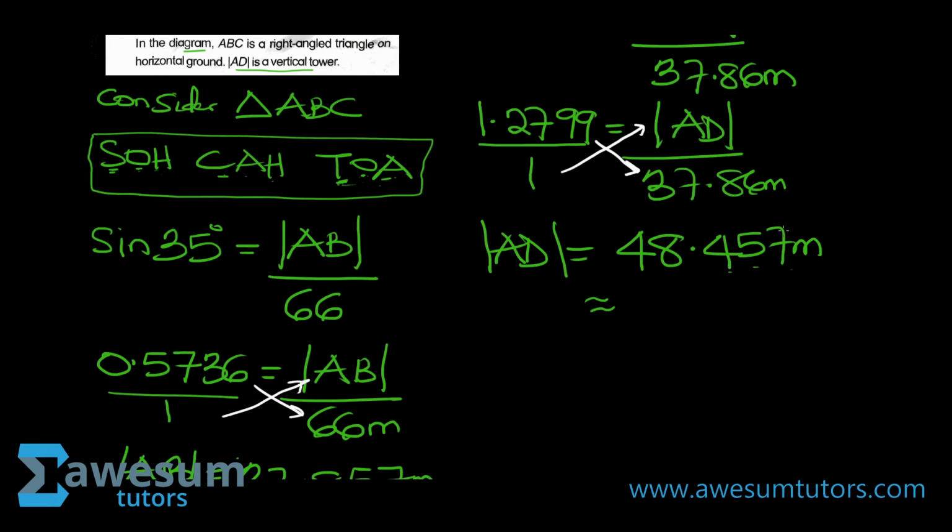So if I want to approximate this, I can approximate this 7 to this 5, right? So that's going to be 48.46 meters, to 2 decimal places. That is your line AD, right?